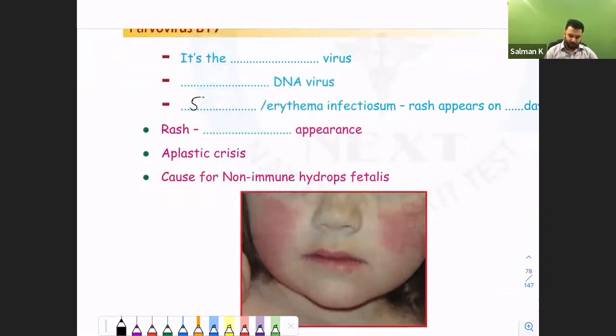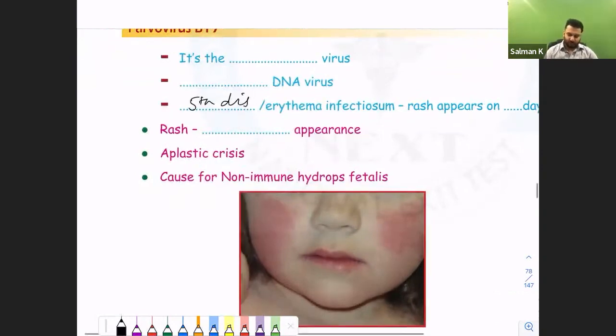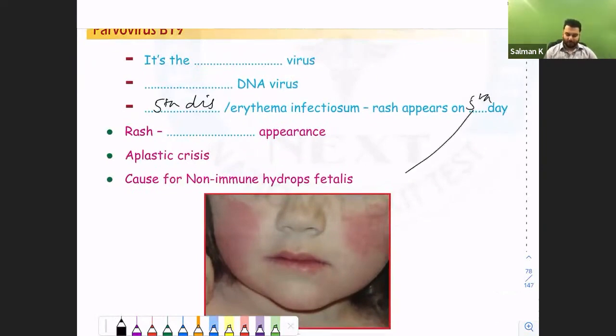Fifth disease, rash presence on fifth day, and that has the appearance of slap cheek. Next, aplastic crisis is the rapid decrease in the RBCs due to the virus itself suppressing the RBC. And if somebody already has an existing anemia, they get to see this more easily. So aplastic crisis, that's the word here.